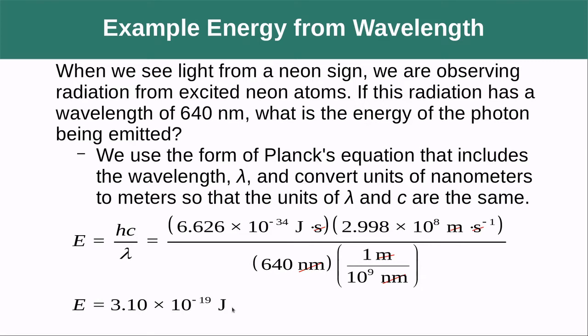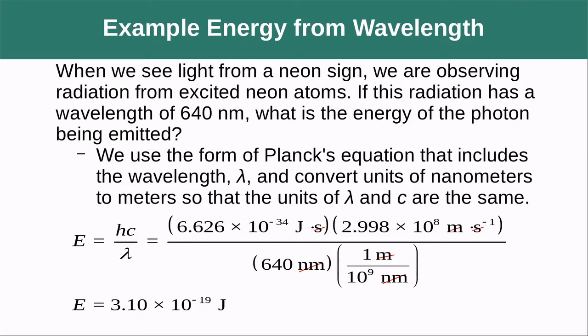So one thing to point out here is that we get this energy value in joules, and it was kind of tricky the way they asked the question. They said, what is the energy of the photon emitted, right? So what we're really calculating here is the energy per photon.